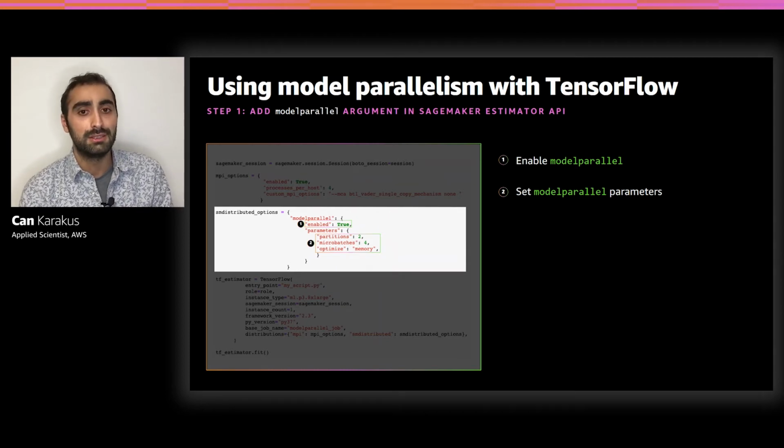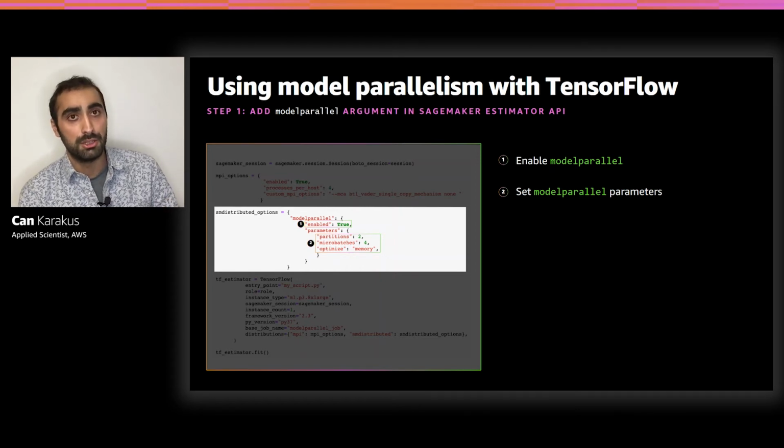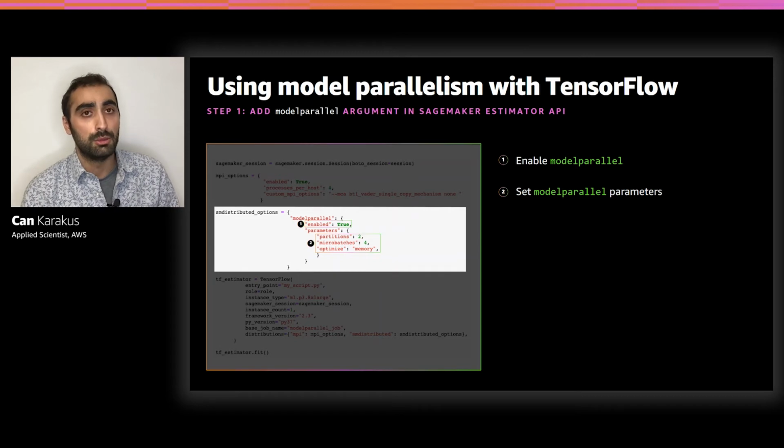In this case, the parameters that we're feeding are the partitions, which is the number of partitions that we want to split our model into, the number of micro batches that we want to split our batch size into, and whether we want our auto-partitioning algorithm to optimize speed or memory. You can visit our documentation of SageMaker Distributed to see a full list of available parameters and how you can customize your partitioning.